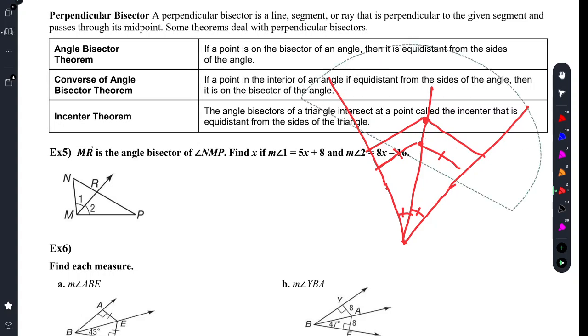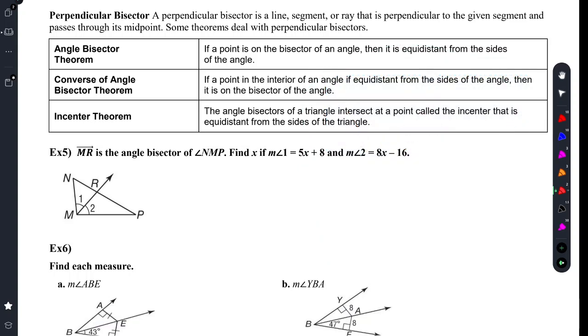Okay? That's what it's saying. That's the angle bisector, not the perpendicular bisector. Okay? The converse says, if points on the interior of the angle are equidistant from the sides of the angle, then it's on the angle bisector. What you're saying is, if you have this line and you say this is perpendicular to this, then that must be the angle bisector. Kind of logical.